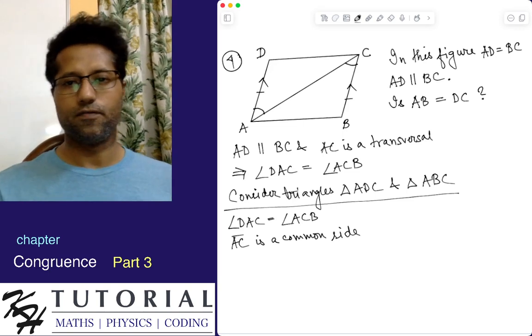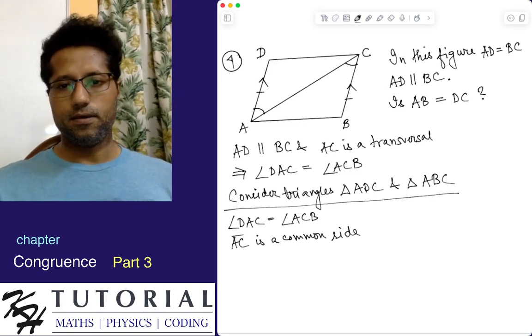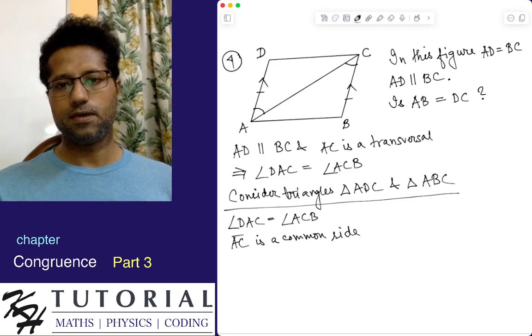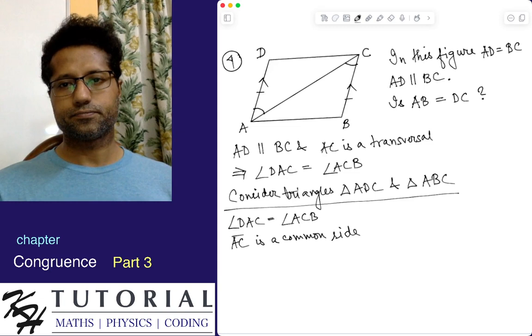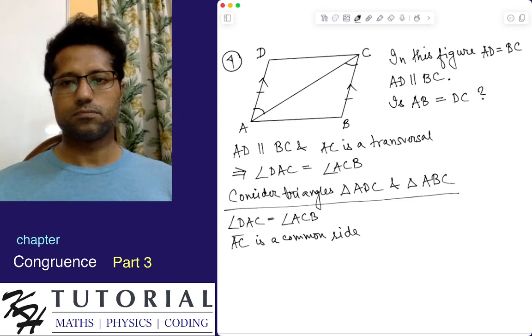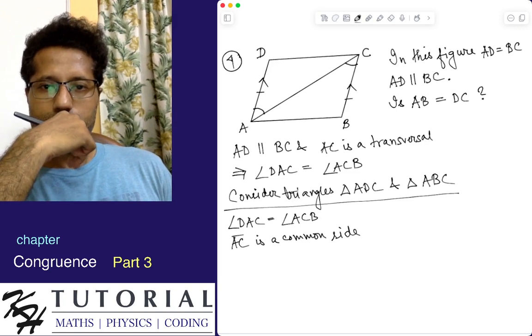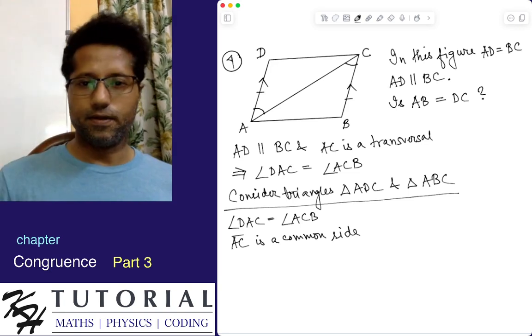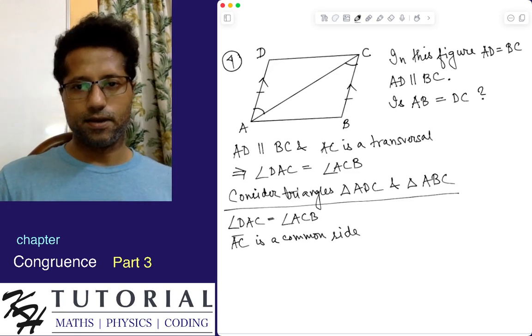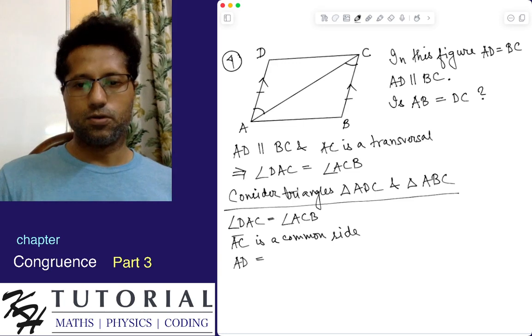You can see that AD is parallel to BC and AC is a transversal. Also, it is given that AD is equal to BC. So AC is a common side, and also given AD is equal to BC.